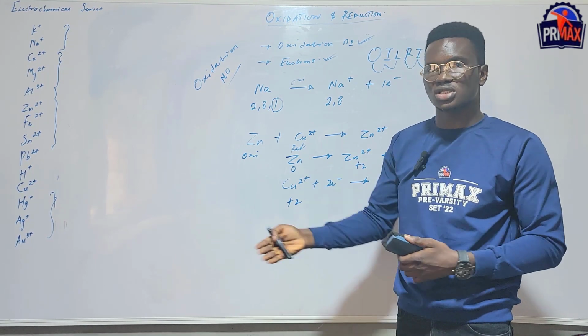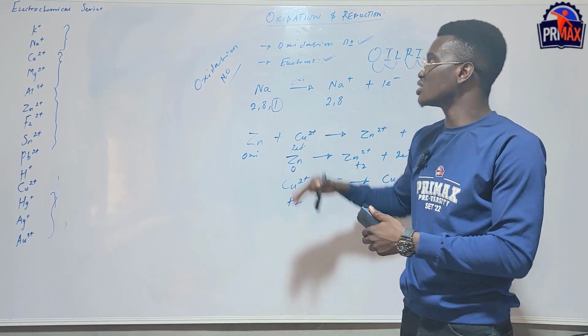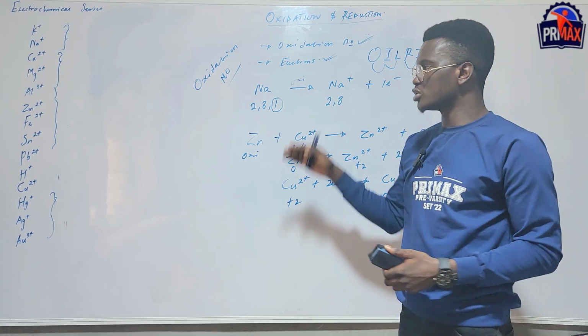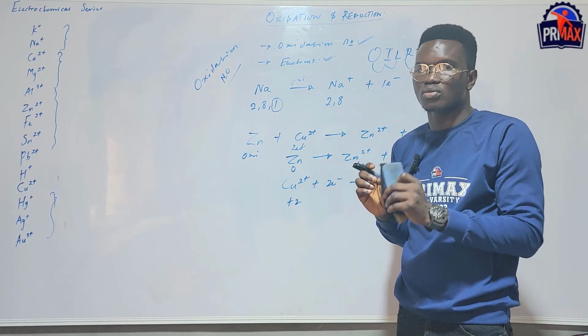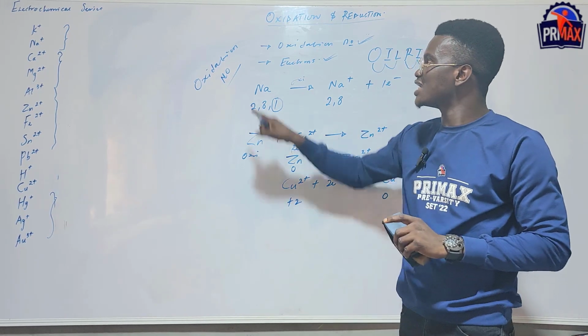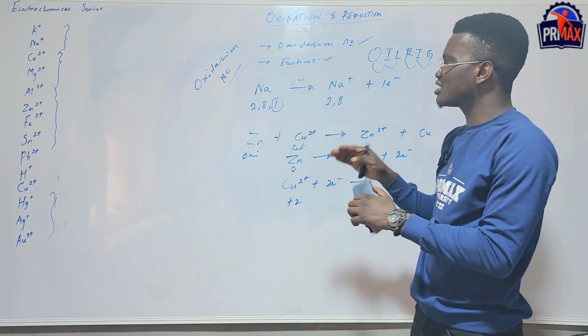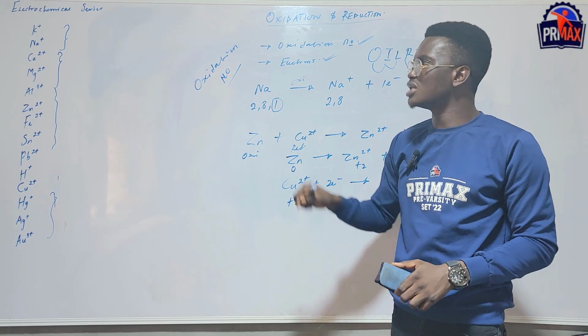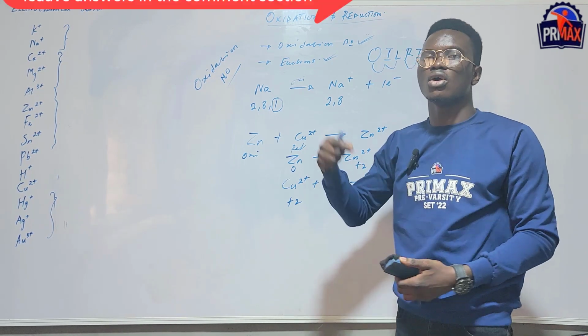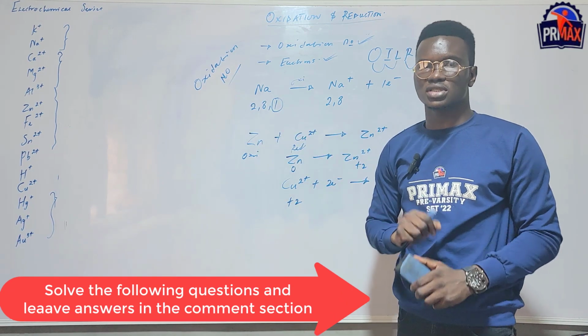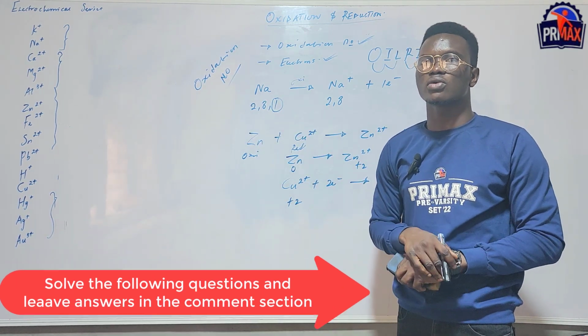So please make sure you watch the part 3 of this class so that you understand this topic fully well. I will drop some questions on what I've said so far today, just for you to look at some clues. But you will now see that it's easier to determine. If I give you any form of equation, it's actually very, very easy to determine which one is undergoing oxidation or reduction when you understand oxidation number. So solve the following questions.